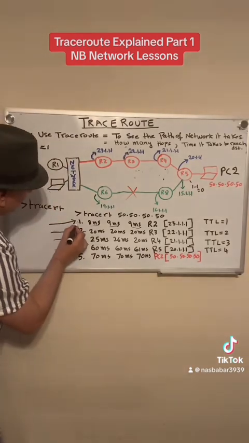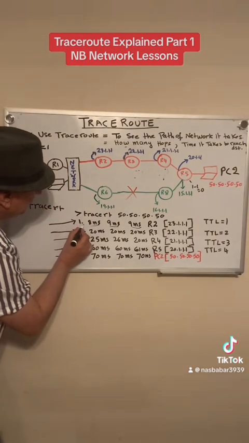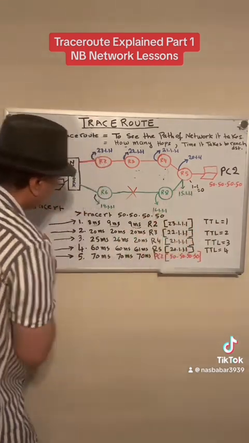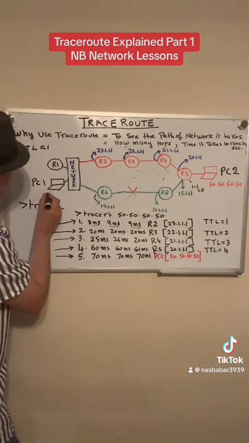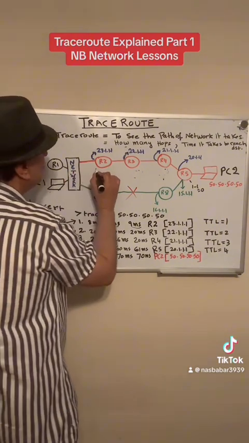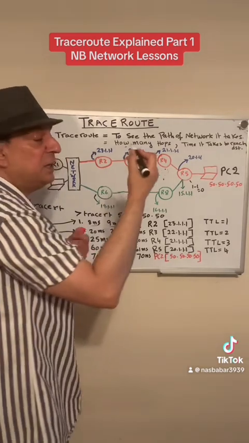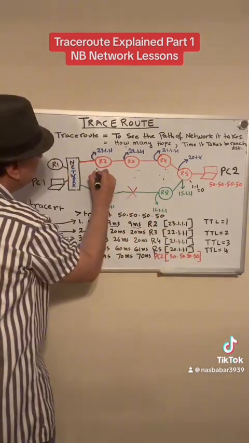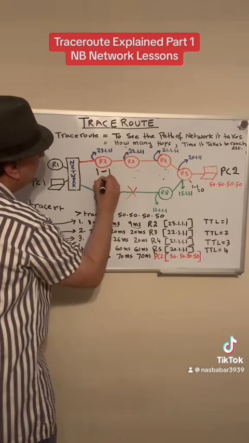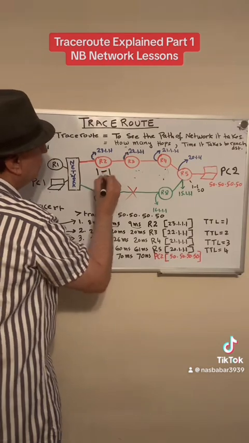So I'm sending my first ICMP, and the time to live set in the packet is 1. When the packet hits R2, R2 is going to decrement it by 1. So it receives the TTL of 1, decrements it by 1, so you have 0. What does 0 mean in ICMP?